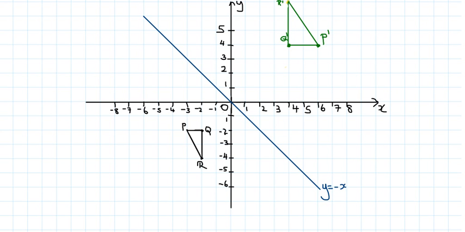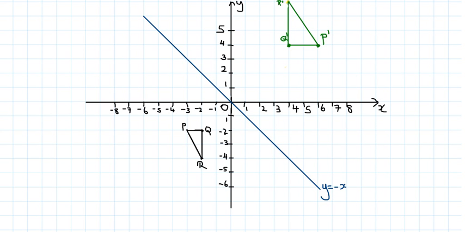Or if you're pretty comfortable doing the transformation, as you all heard just now, she took the coordinates of a point, swapped them, and then changed the sign, and that's because we're reflecting in the line y is equal to minus x.